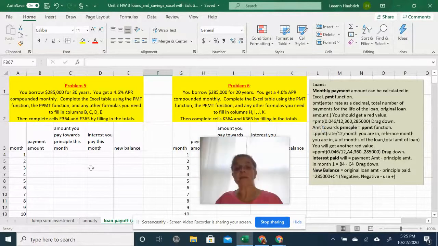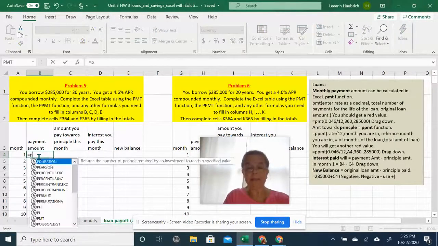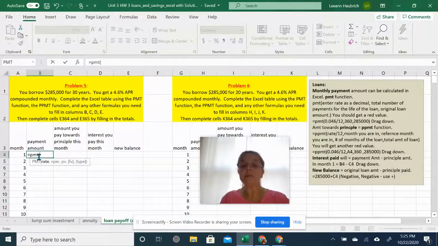So I wrote out here on the right side exactly what we're going to put in. Our payment is going to equal, so we're going to put in equal, and I start typing PMT, and I will see payment come up. Open it up, and the first thing I'm going to put in is the interest rate, 0.046 divided by 12. Now I'm going to put a comma in. And if you notice across the bottom, it's going to tell you the pieces that go next.